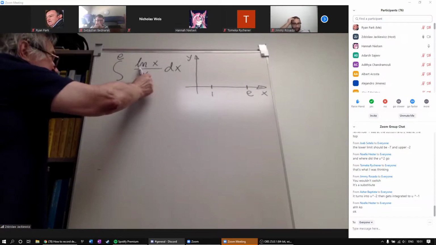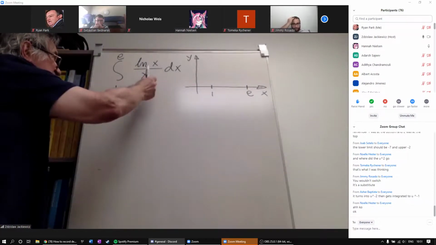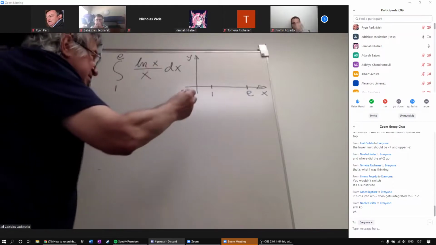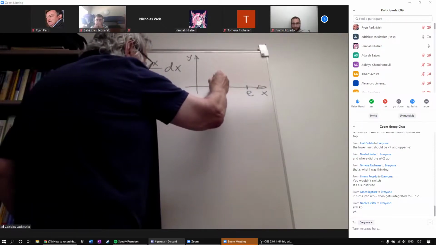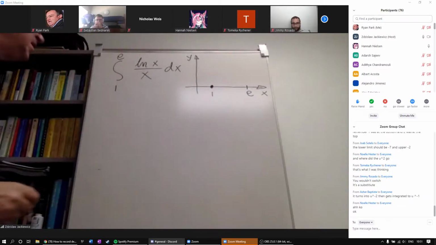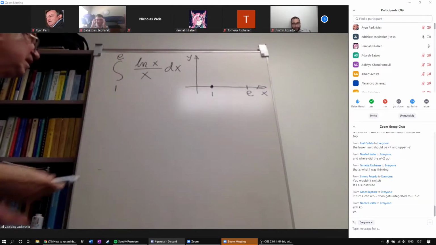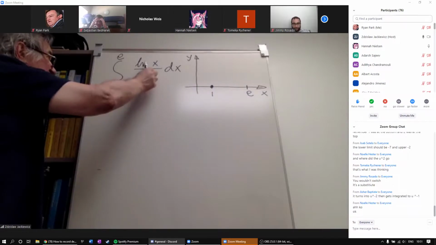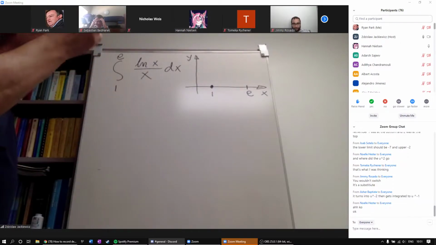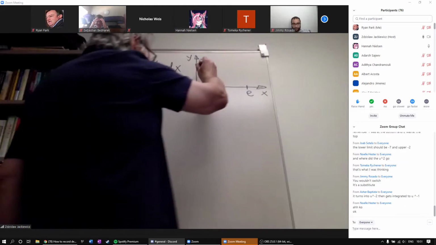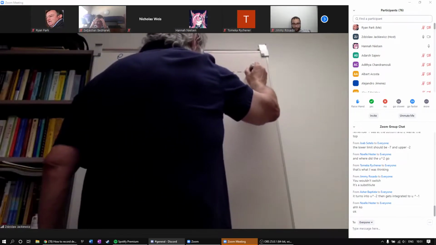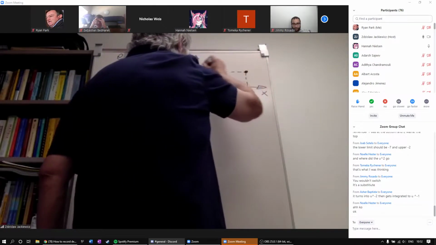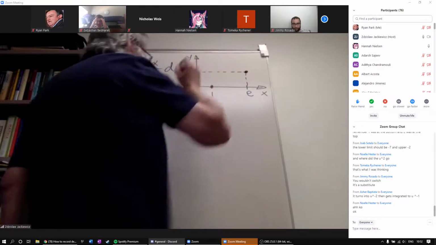If x is 1, we have ln of 1 over 1; ln of 1 is 0, so the function is 0. And if x is e, we have ln of e over e, which is 1 over e. 1 over e is more or less 1/3, so this is more or less here. This is 1 over e.